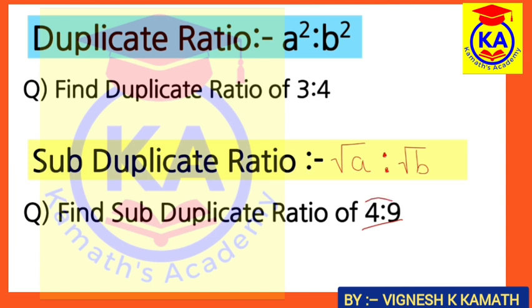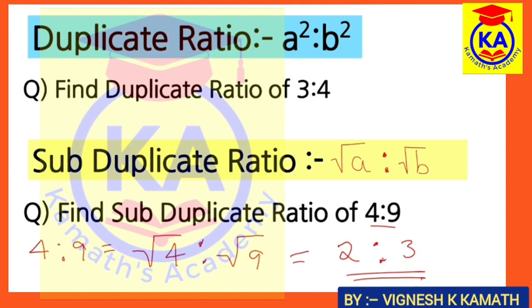If 4 is to 9 is a ratio, how can we express it in the form of subduplicate ratio? 4 is to 9 can be written as square root of 4 is to square root of 9. Now what is the square root of 4? 2 squared is 4, so root of 4 is 2 and root of 9 is 3. 2 is to 3 is the answer.